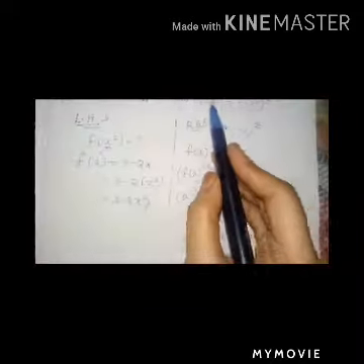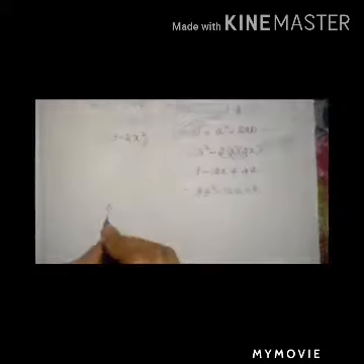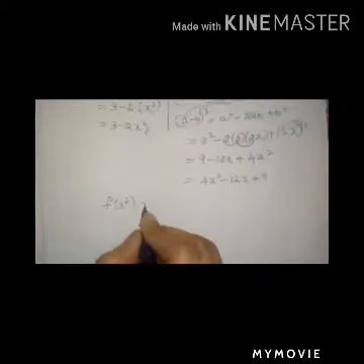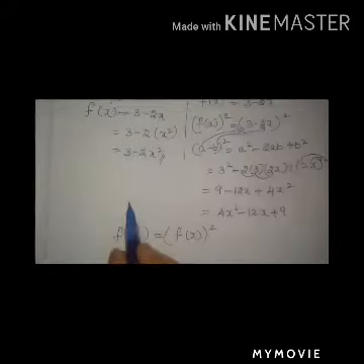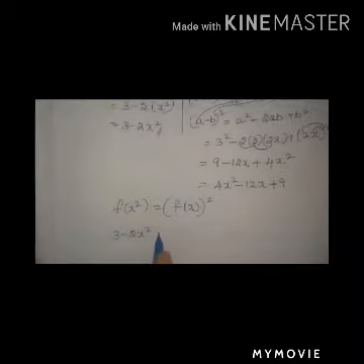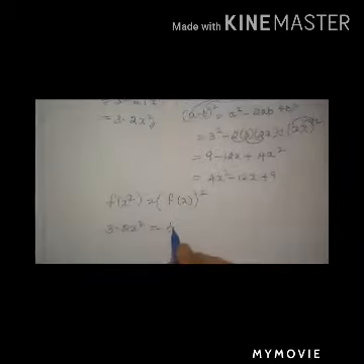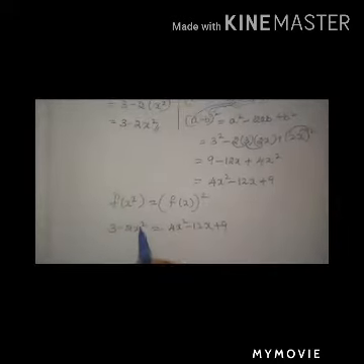Now what did they ask us to do? They asked us to equate both the terms. F of x square is equal to f of x the whole square. What is the value of f of x square? 3 minus 2x square is equal to 4x square minus 12x plus 9. Simplify.